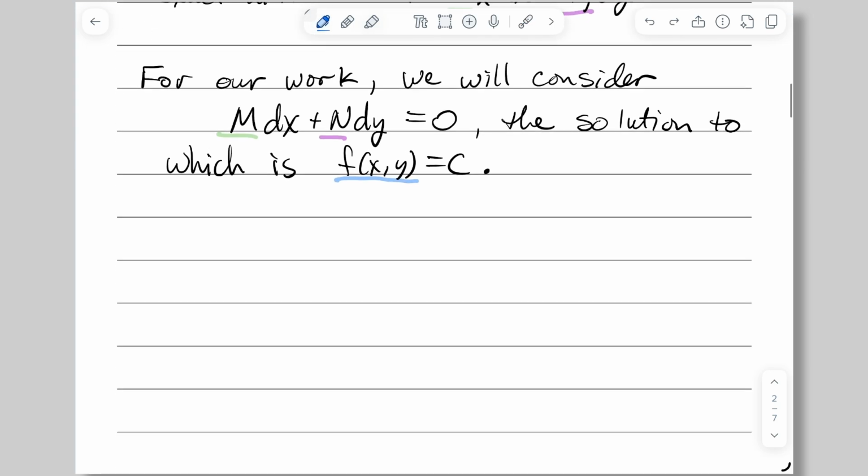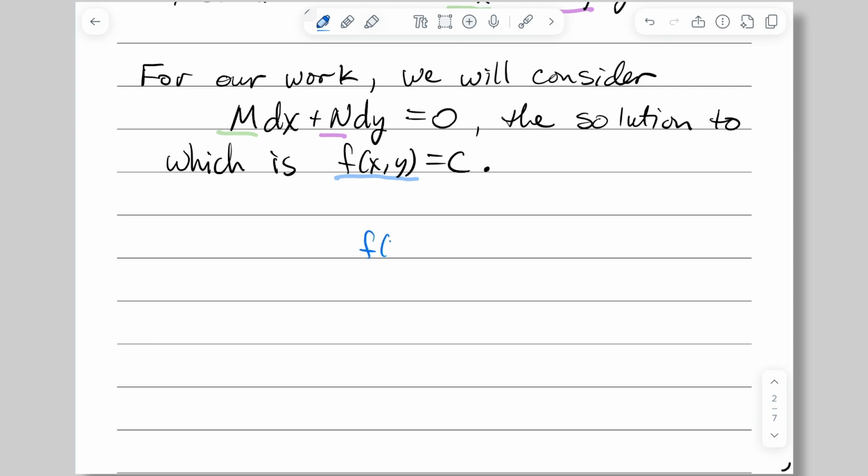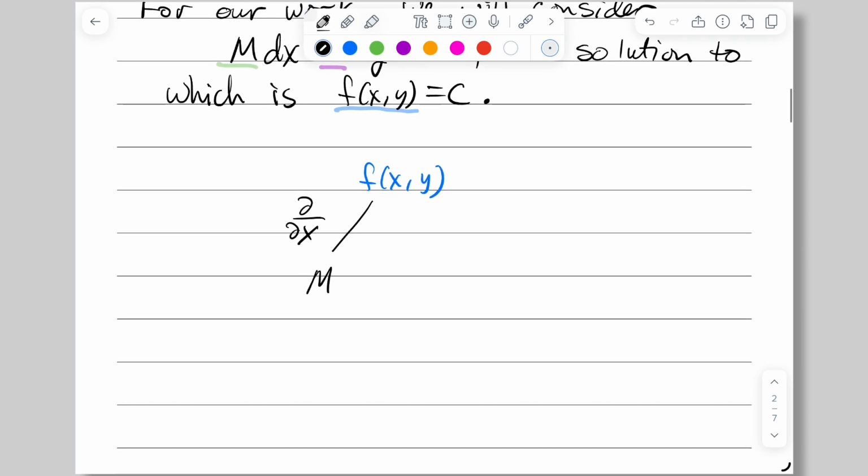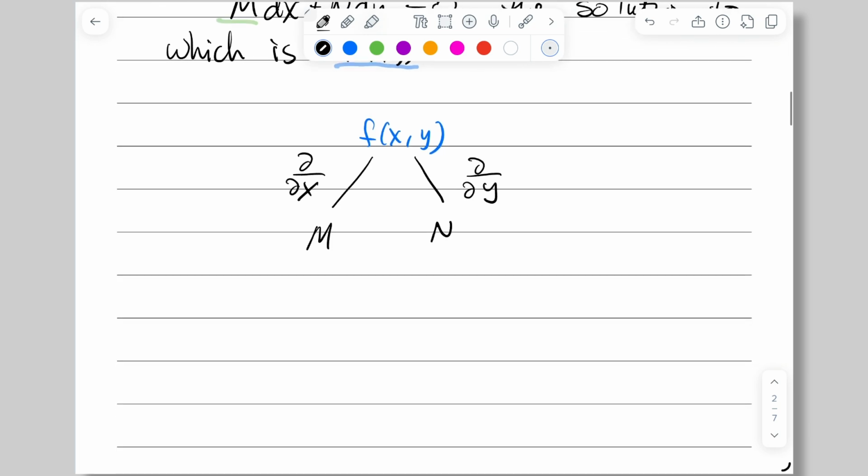In order to understand what's happening here, I find this diagram to be pretty useful. Starting with a function f of x, y, if we partially differentiate with respect to x, then we get this function that our author is calling M. If instead we partially differentiate with respect to y, we get a function that we're calling N. If I then take those functions and partially differentiate M with respect to y and N with respect to x, I've now created mixed partial derivatives.